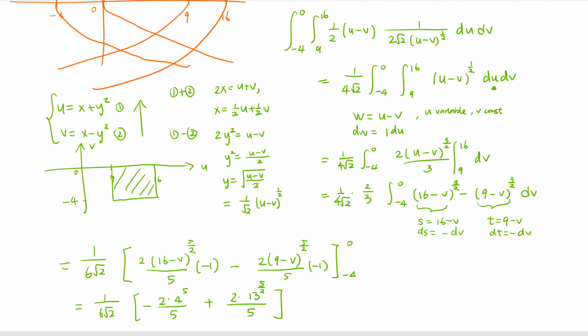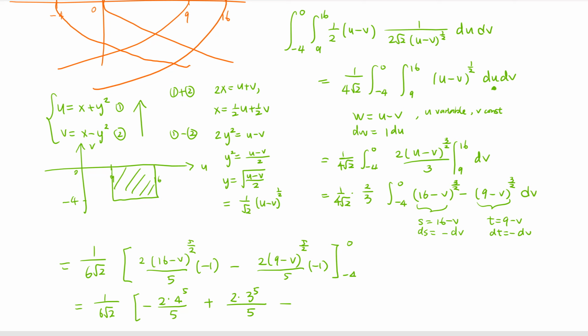Oh, we forgot some terms here. So let's see. We should first plug in 0. That's what happens when we have so many terms. We should first plug in 0, and this is what happened when we plug in 0. And then for this one, when we plug in 0, we get 9 to the 5 over 2. Then the square root of 9 is 3, right? 3 to the 5th.